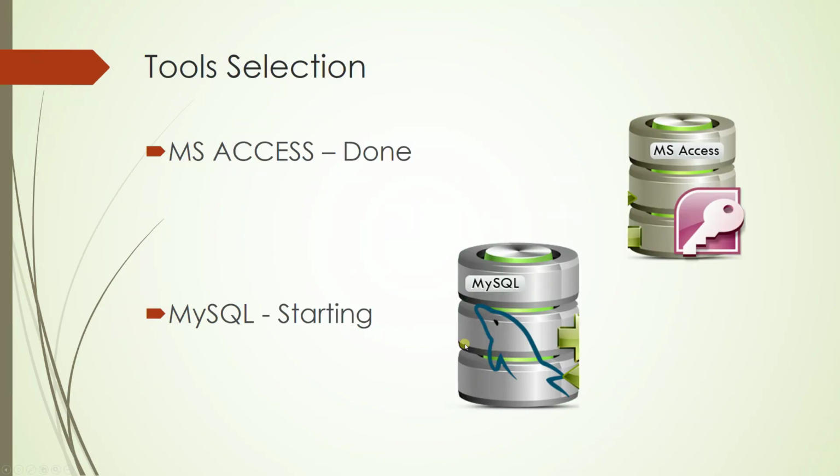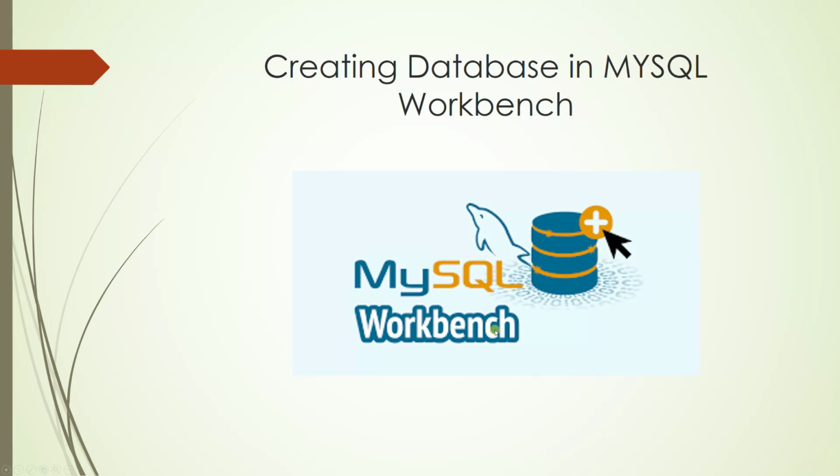For this, different kinds of tools are used. What we are focusing on in this course are MS Access, which we have already covered and completed, and MySQL, which we are just going to start. We already discussed how you can install MySQL and its three components: MySQL Workbench, Shell and server.